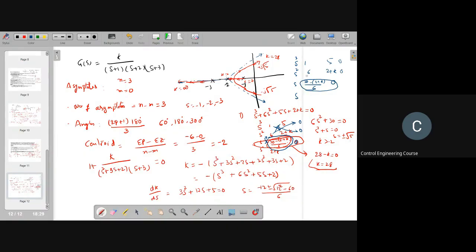I am substituting that into the auxiliary equation. I am framing the auxiliary equation by substituting the k value, because this is the even polynomial we discussed last class. This even polynomial is a factor of the denominator polynomial or characteristic equation. That's why this row will be 0.